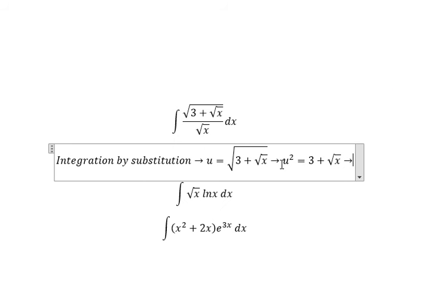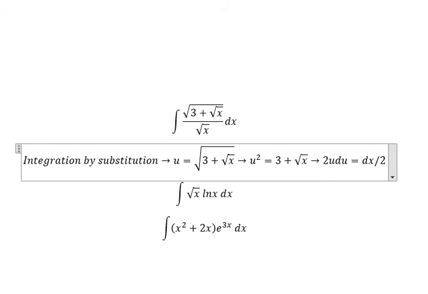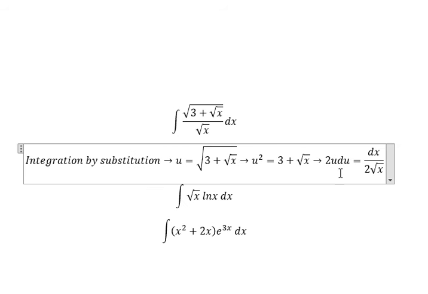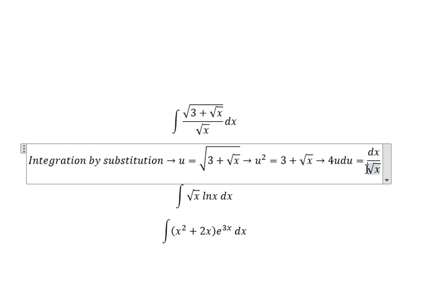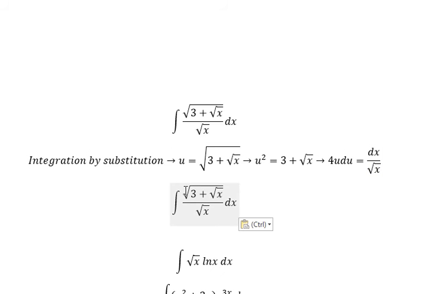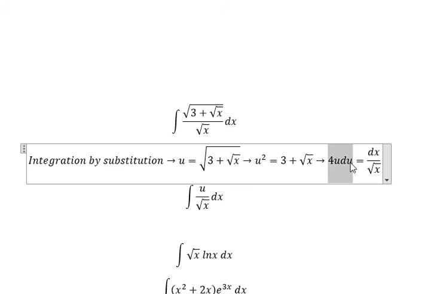Later we do first the derivative of this one. Because we don't have the number 2 in here, so we put number 2 on the left. So this one we change for u. ds over the square root of s we change for u du.